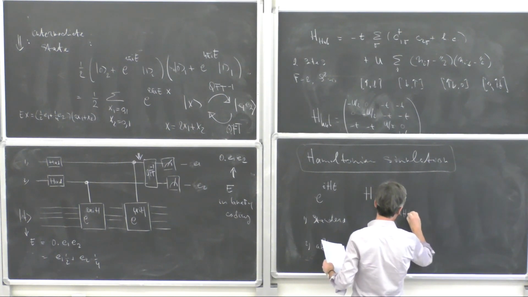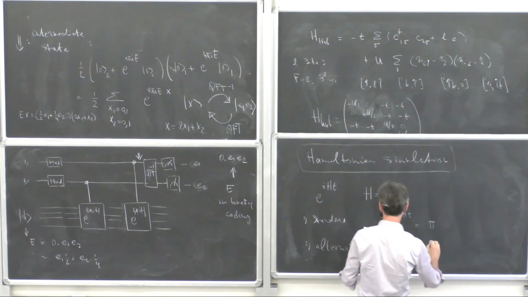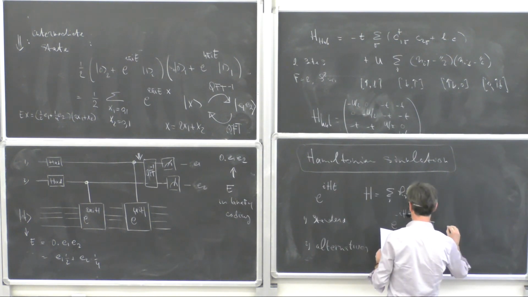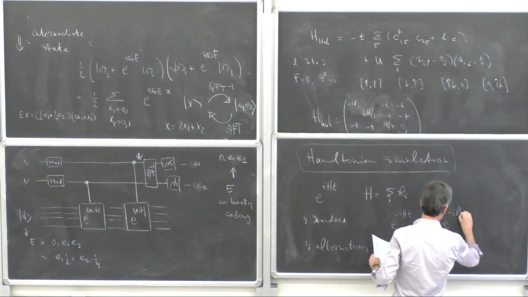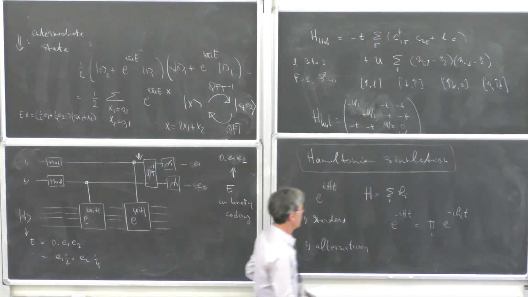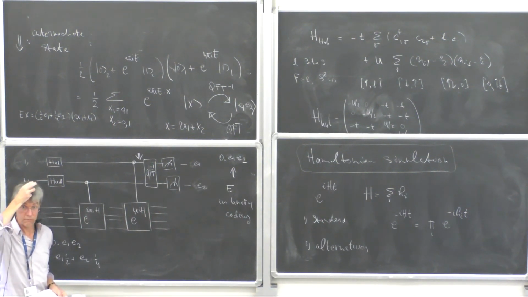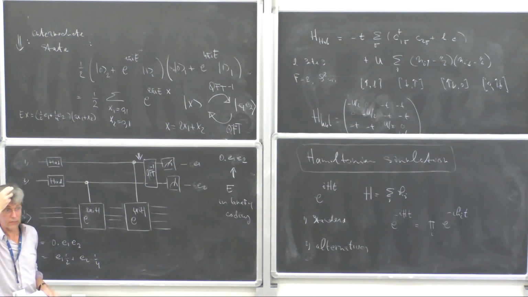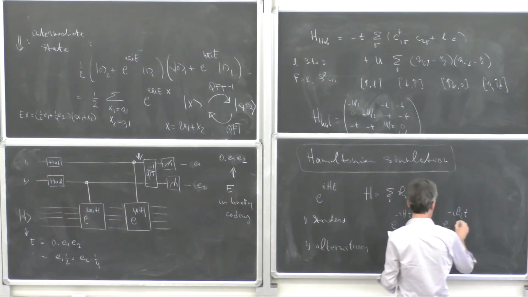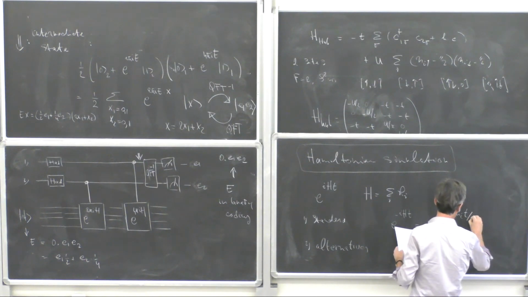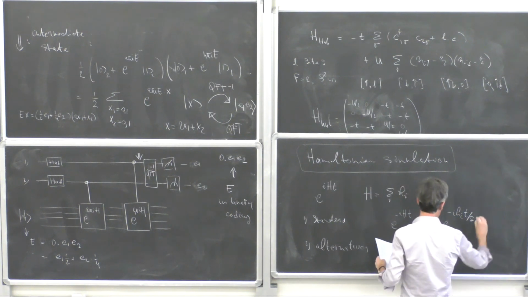If I want to do this, I can say, well, let me actually do something else, which is a product of e to the minus i H_i t. Now this would be exact if all H commute, right? Then this is an identity. If they don't commute in the general situation, this is not correct. But now you can do this trick, which is that you make the time t over s, and then you do this whole thing s times.